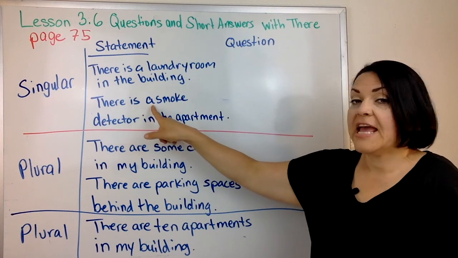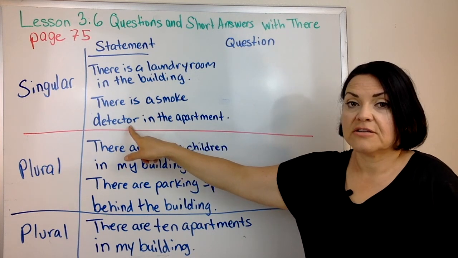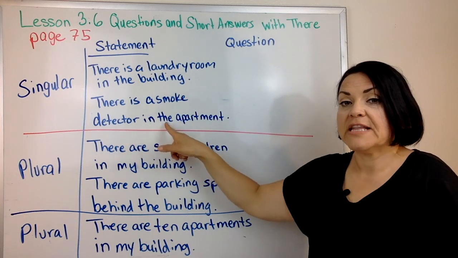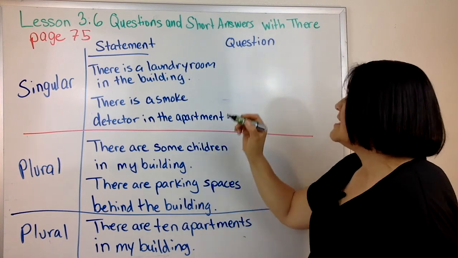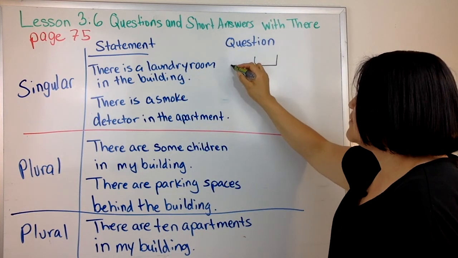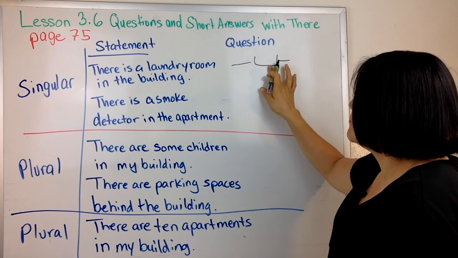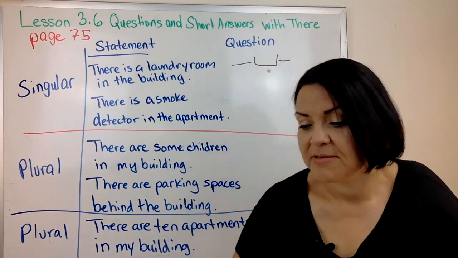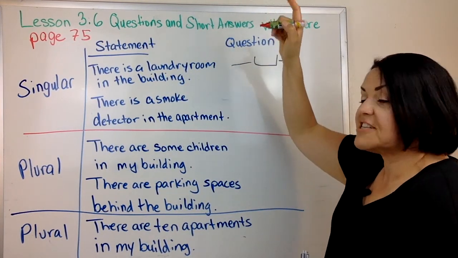There is a, means one, smoke detector in the apartment. The smoke detector is at the top of your house, at the top of your ceiling, right?